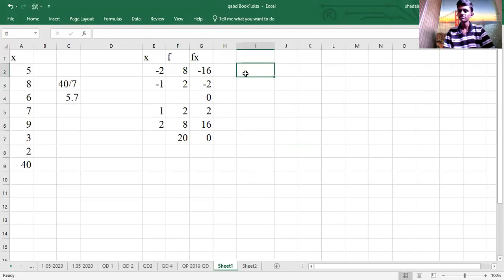The formula for calculating mean will be sigma fx divided by n. Here fx is 0 divided by n, 20, so the answer is 0.